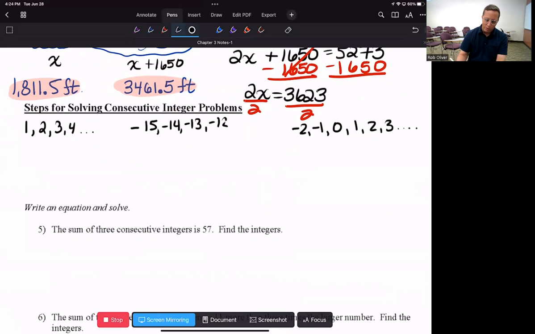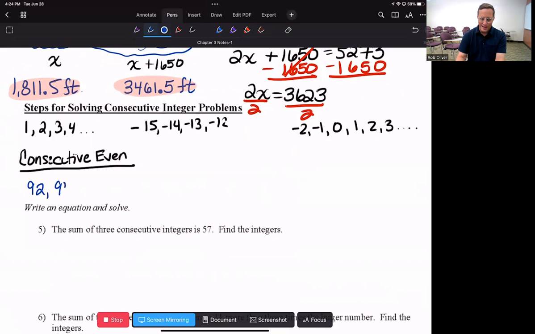But sometimes you'll have consecutive even. And depending on the problem, the consecutive even can be anything. But just for example purposes, the consecutive even could be like we're starting with 92, and then the next even number after that is 94, and the next even number after that is 96 and 98.